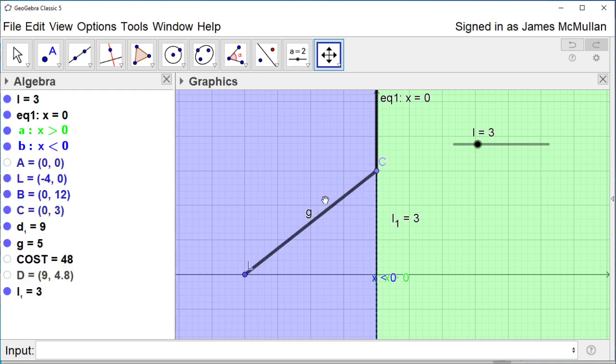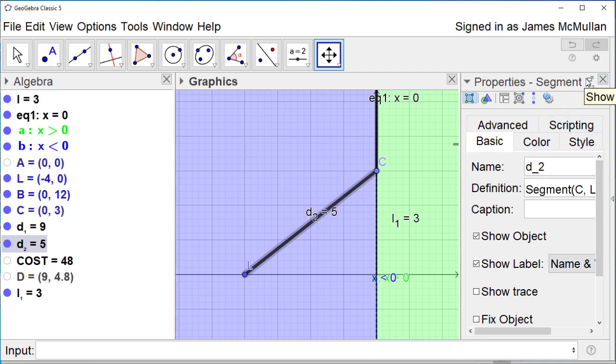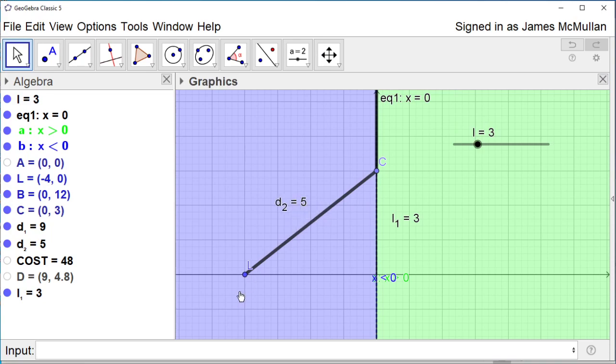Remember that's G here, the hypotenuse. So right now the hypotenuse is exactly 5, right? Again, I'm going to rename this to D2. Okay, so there's D2. It has a distance of 5. And you can see that, if this height is 3 and this length along the bottom is 4, then the hypotenuse would be 5. Okay?